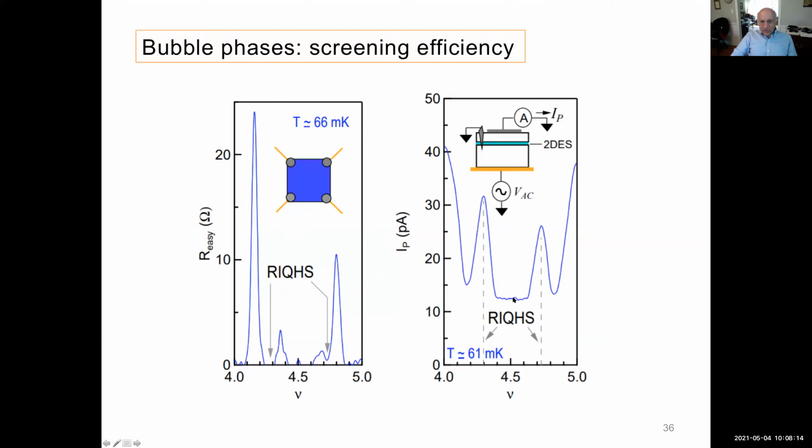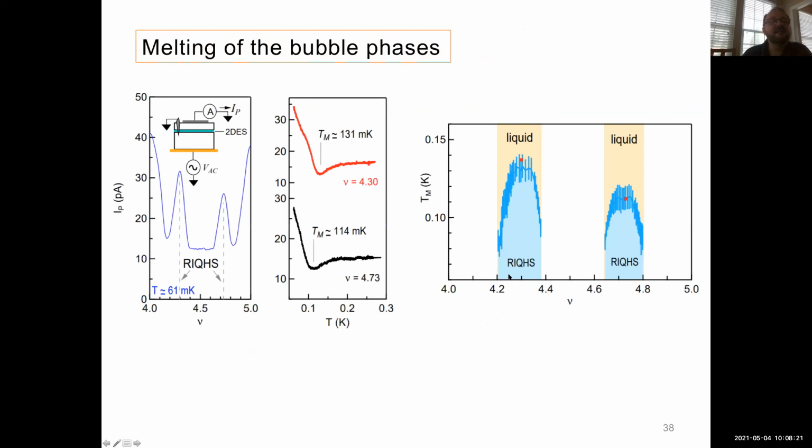Your question is how this would behave as a function of temperature? Yes. As we go close to this, we lose that minimum. Our cryostat in these measurements doesn't go much below 60, 70 millikelvin.